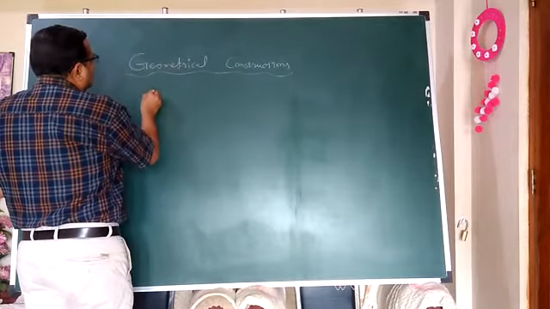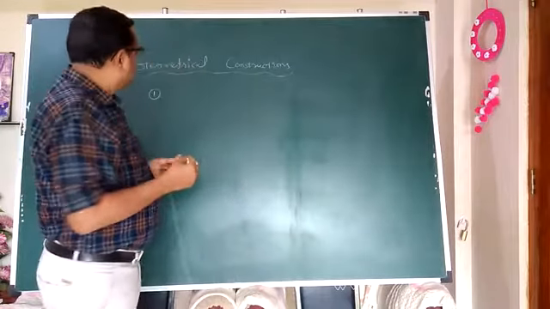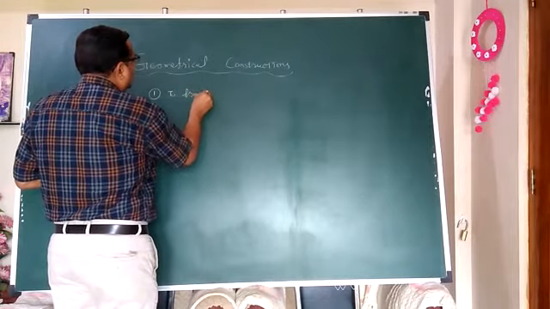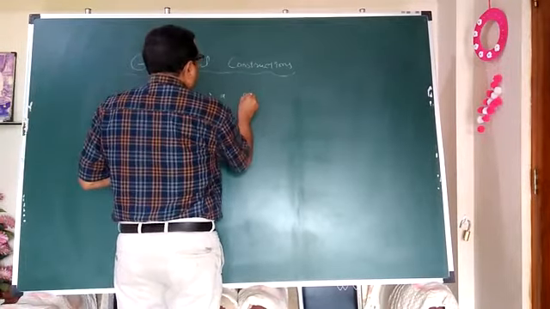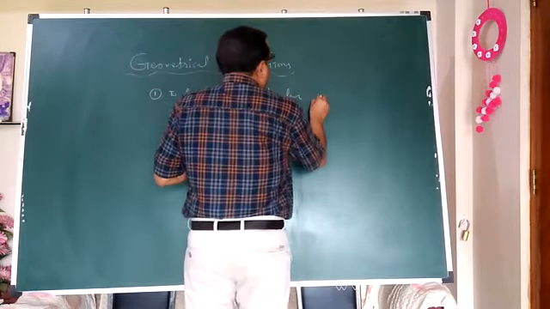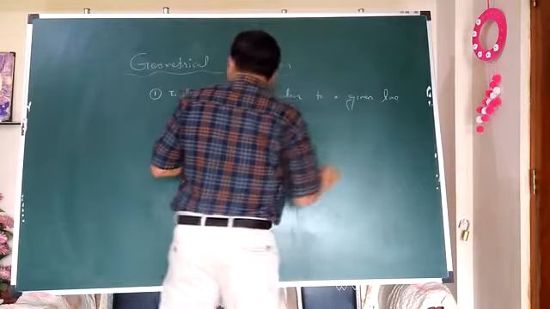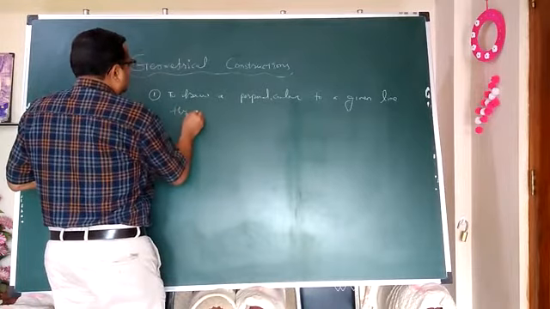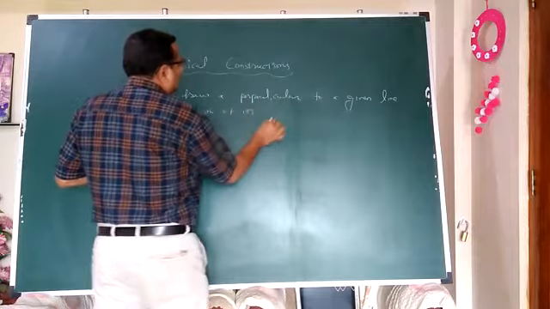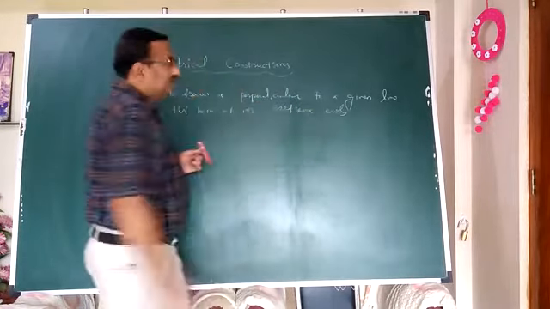So the first geometrical construction we are going to start. Just note down. The first one is to draw a perpendicular to a given line through both of its extreme ends, or dead ends, we can say.